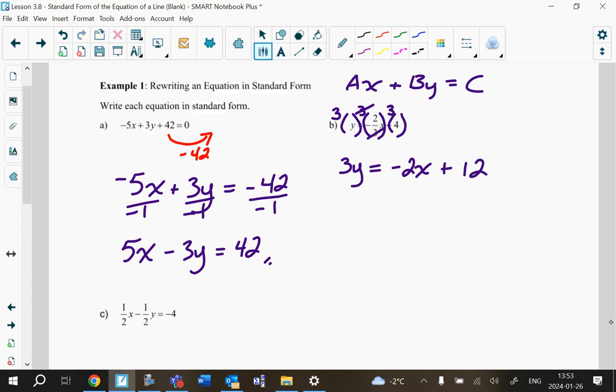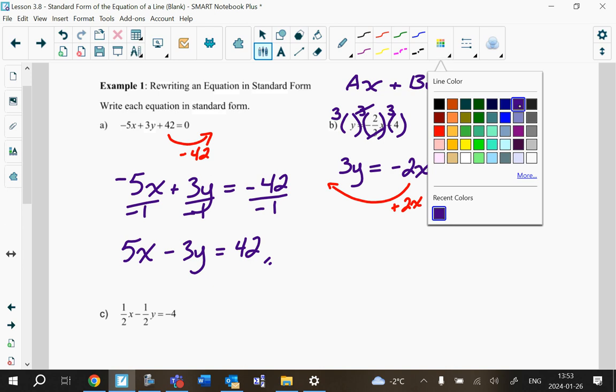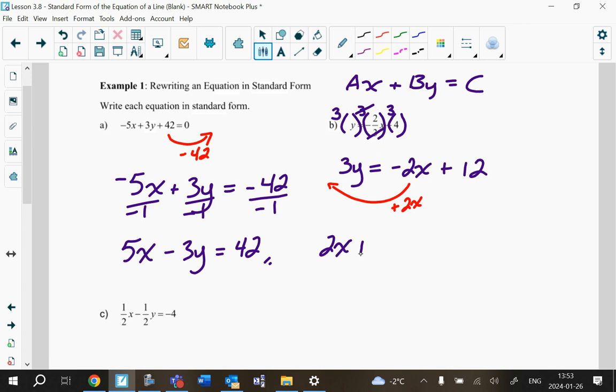Am I in standard form yet? No. What do I have to do? Add 2x and bring it over to the front of the left. So I'll get 2x and then positive 3y equals 12, and that is standard form.